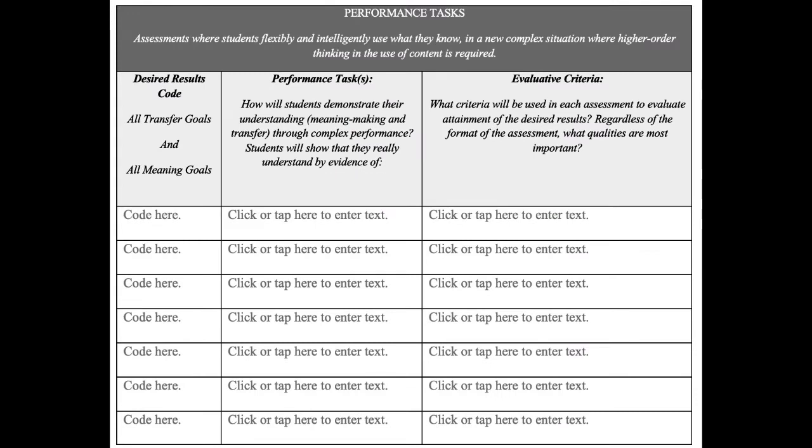Performance tasks. Higher order thinking is required to demonstrate students' ability to meet the desired results that were identified in Stage 1 of the UBD template. Because of this necessity, the Performance Task section is established to confirm understanding.